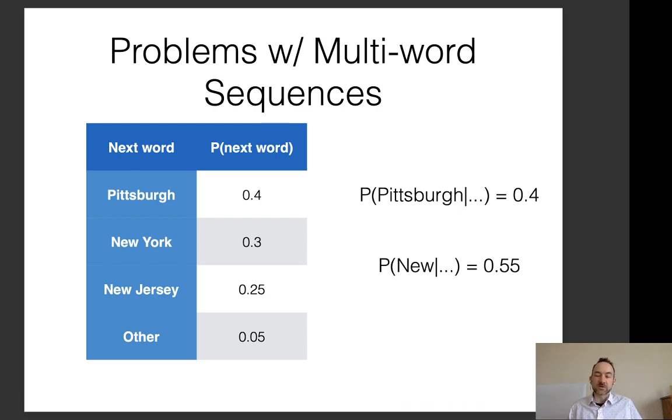So this is yet another example where the model has made a locally good decision, which can cause a globally bad result by using this greedy search algorithm.